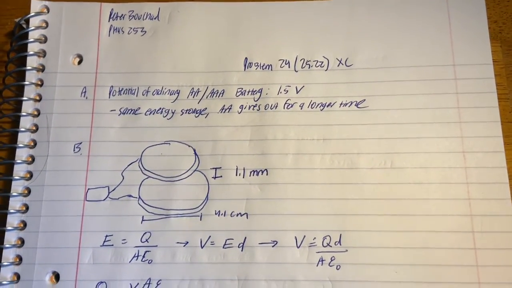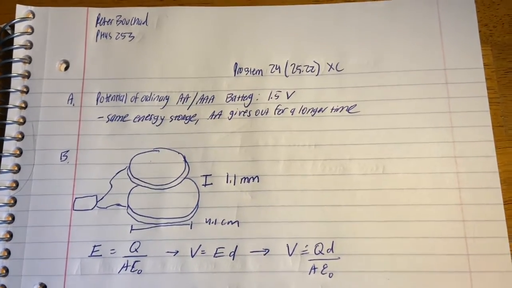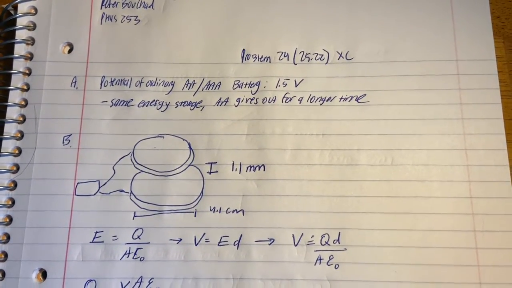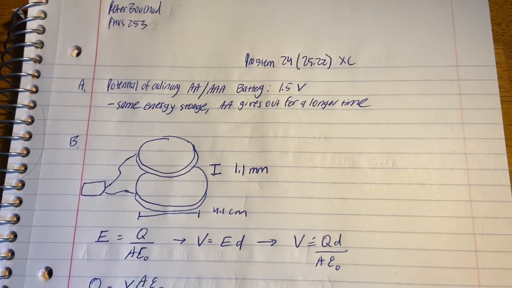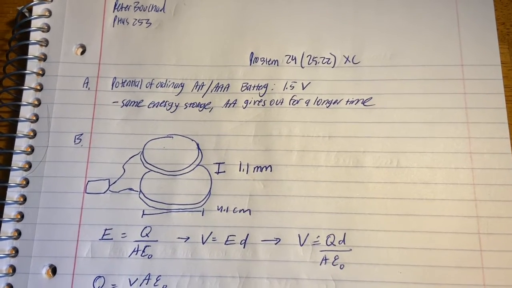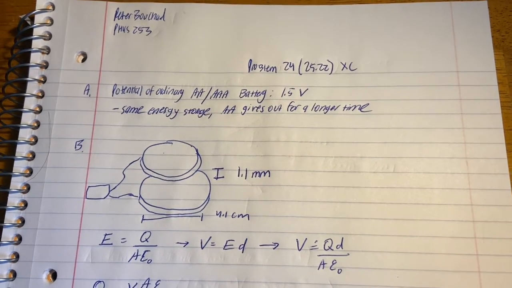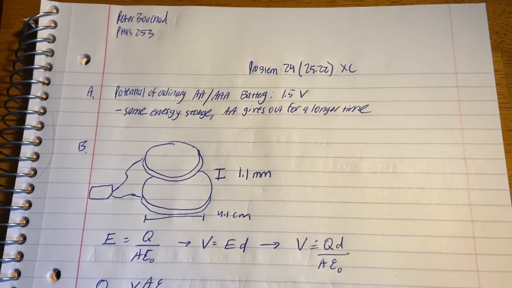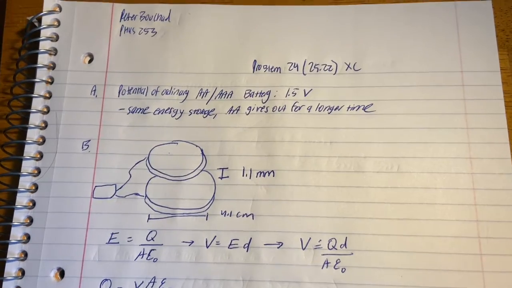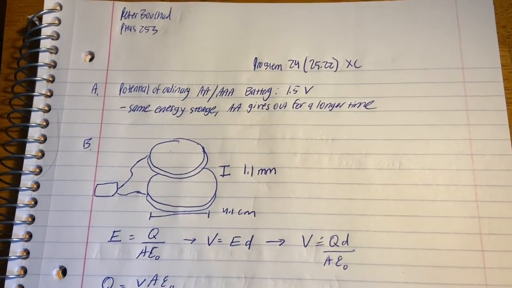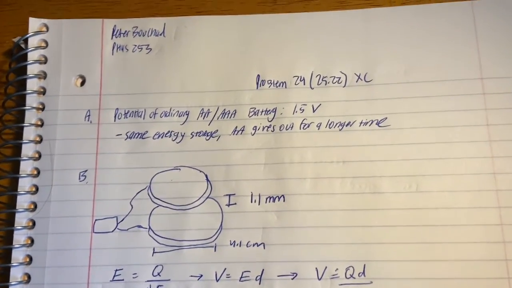One thing important to note is that I was under the impression that the shape of the capacitor was a plate, but we're actually given the area of the plates to be 4.1 centimeters by 4.1 centimeters. So just note that for the area when we're calculating the charge done by the battery.